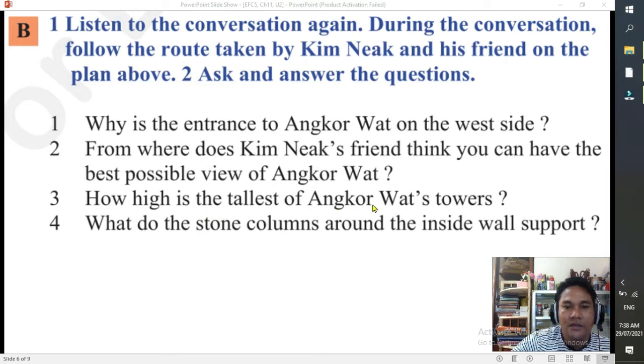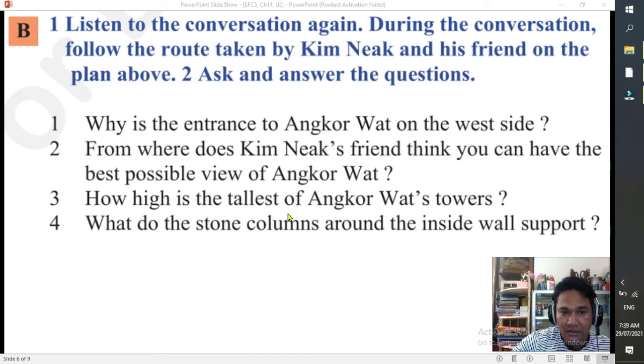What do the stone columns around the inside wall support?